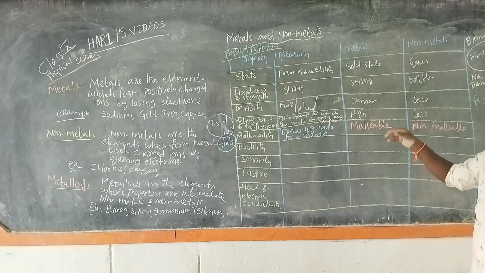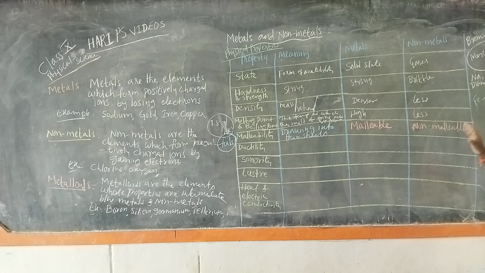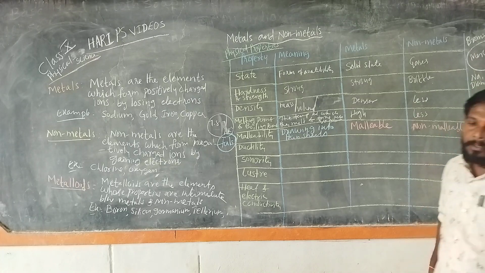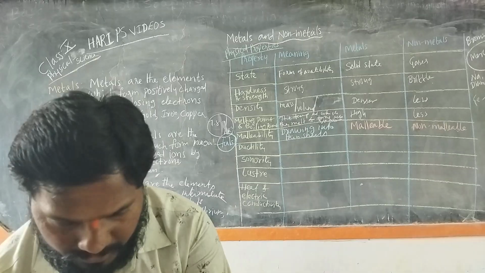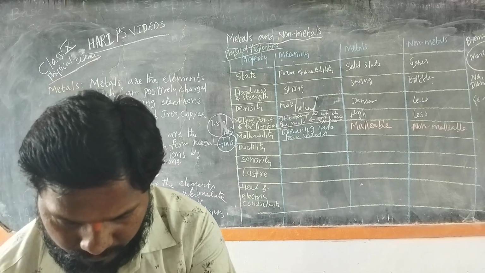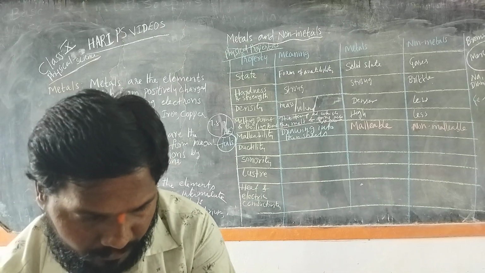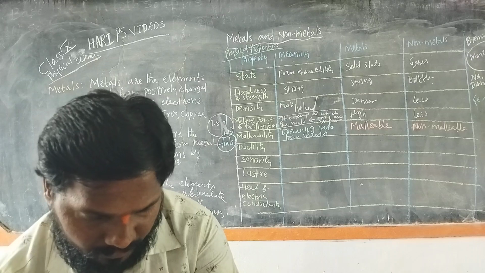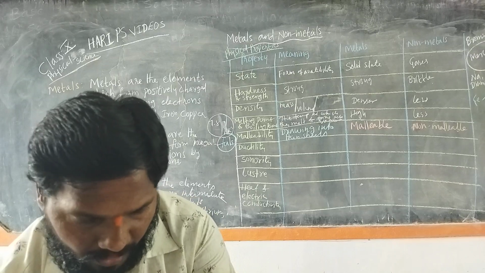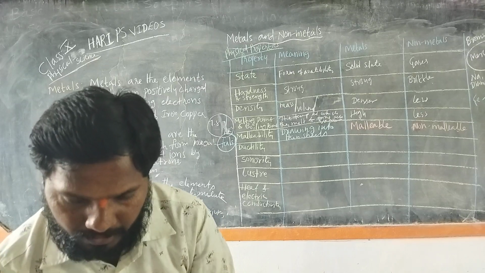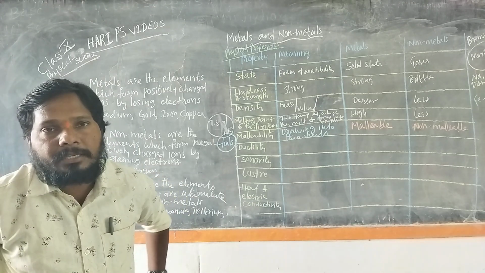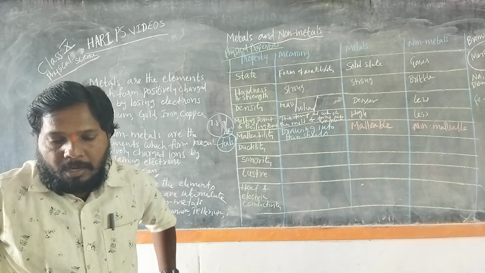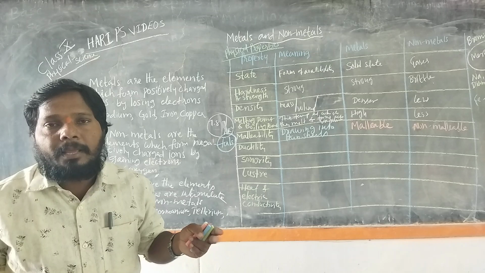Generally metals are malleable, and non-metals are non-malleable. Malleability is an important characteristic property of solids. Most of the metals are malleable.